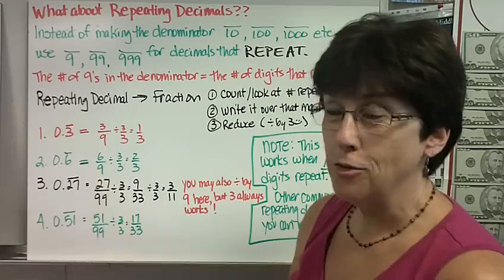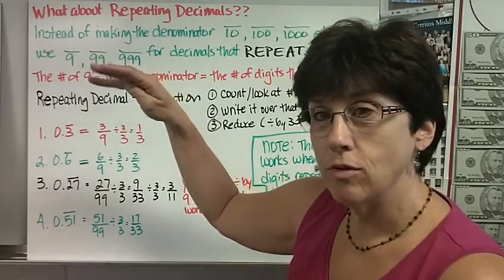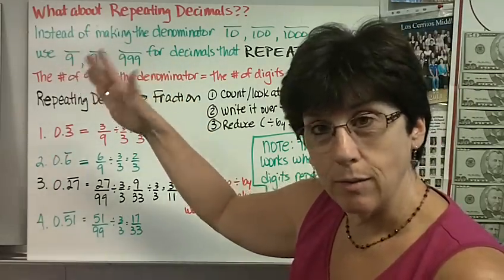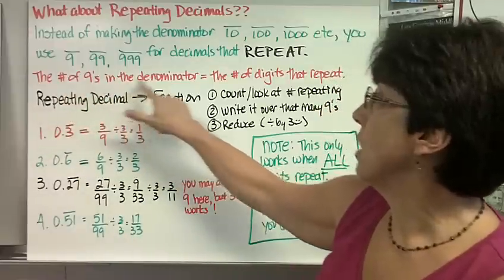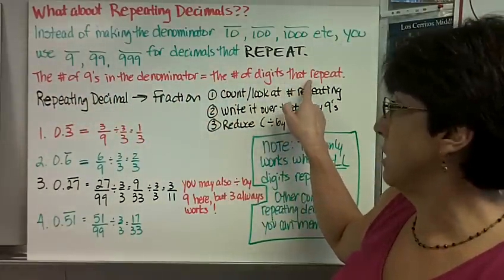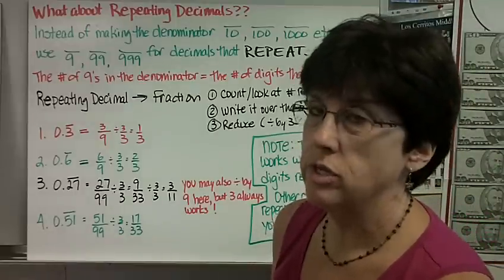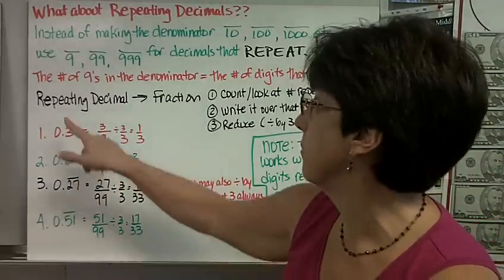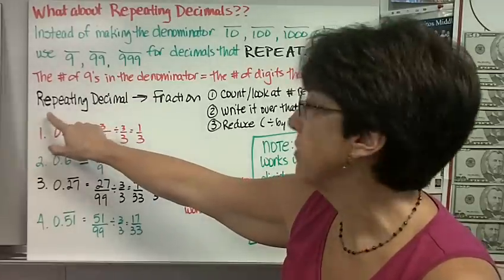Okay? It's kind of cool. Instead of counting the number and putting zeros, now you count the number and put 9s. The number of 9s in the denominator equals the number of digits that repeat. And there is an asterisk to this, and I'll tell you in just a minute. But for now, let's do the math, okay?